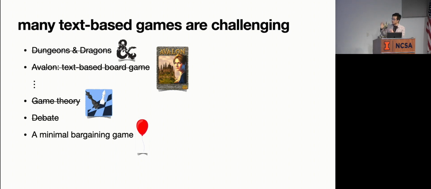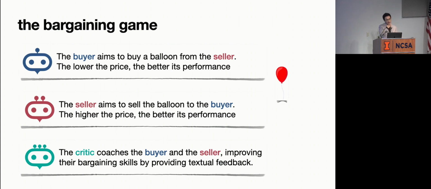It is extremely easy by design, and I challenge you to find an easier game, and I will bet you a balloon for that. So this game has three roles: a buyer, a seller, and a critic. The rules are really, really simple. The buyer wants to buy a balloon from the seller. They play against each other through a negotiation game. They basically negotiate with each other, trying to get a more favorable price for this purchase.